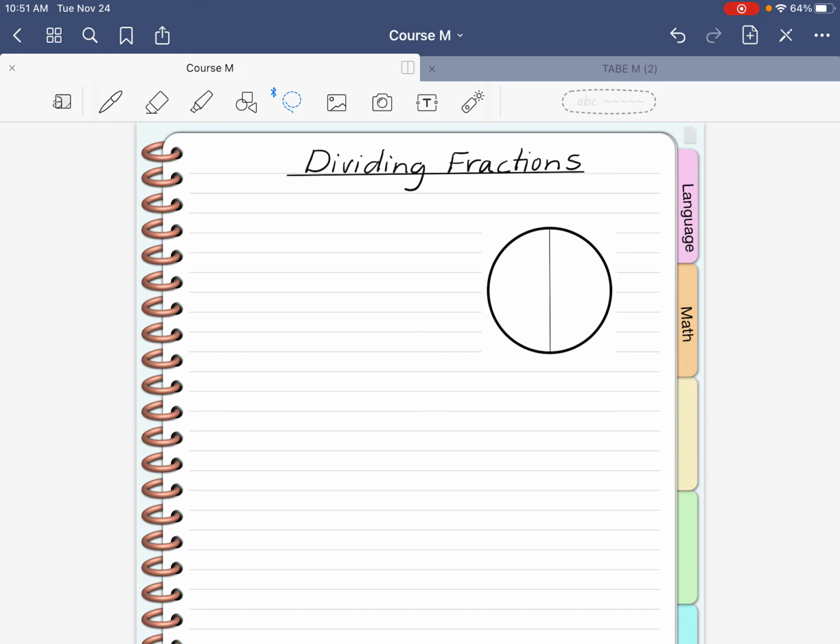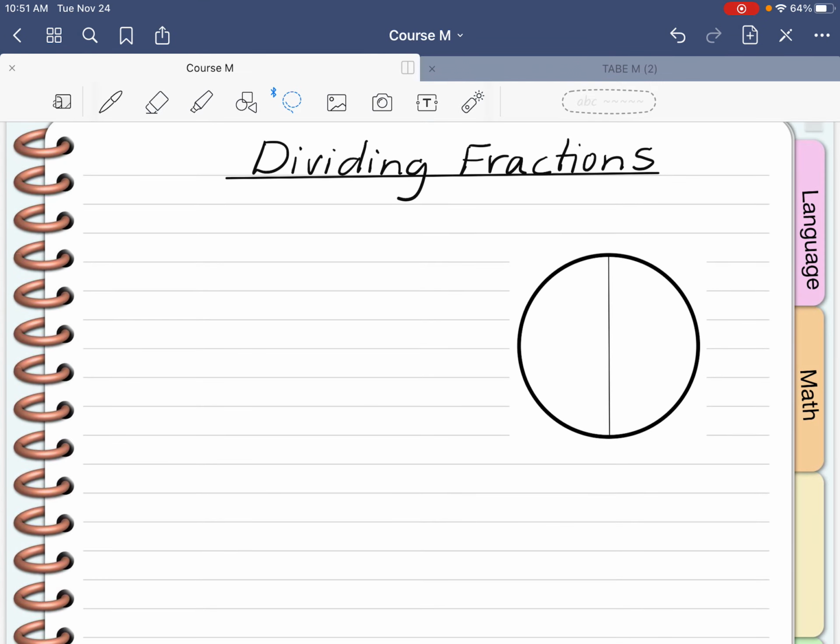Okay, the example that we're going to be looking at to learn how to do this one is 1/2 divided by 1/6. So this time I have a fraction divided by another fraction.